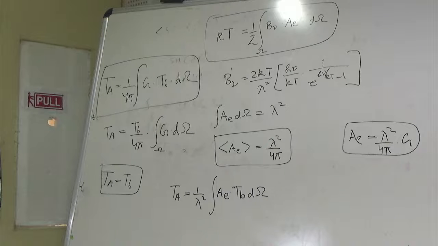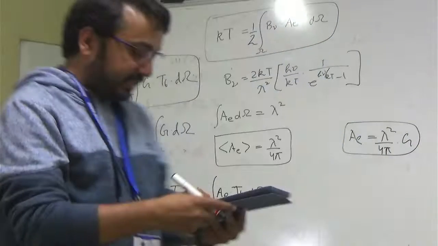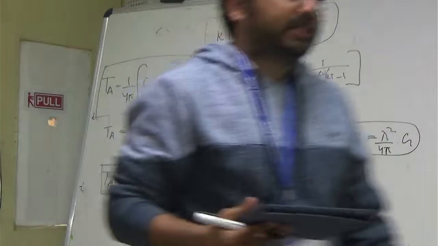So what happens is the following. In interferometers, you actually are very sensitive to compact sources. This is what you have seen in other classes. But in this case, what happens is this.